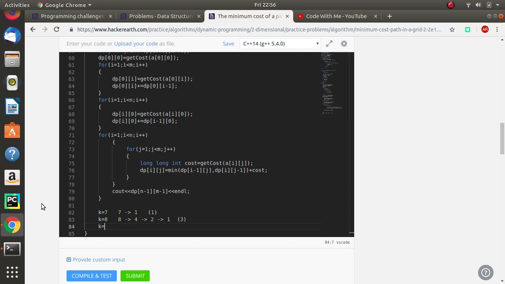For any random case, suppose k is equal to 12. We can divide it by 3, so it becomes 4. Then we can divide it by 2, and then by 2 again to get 1.